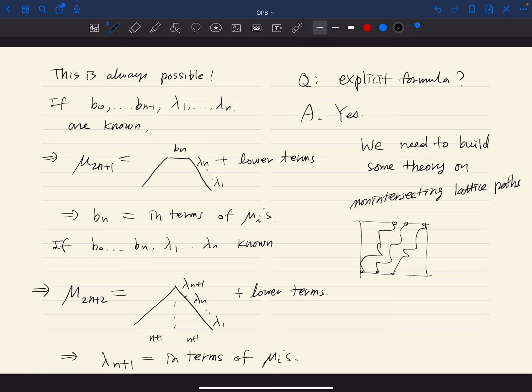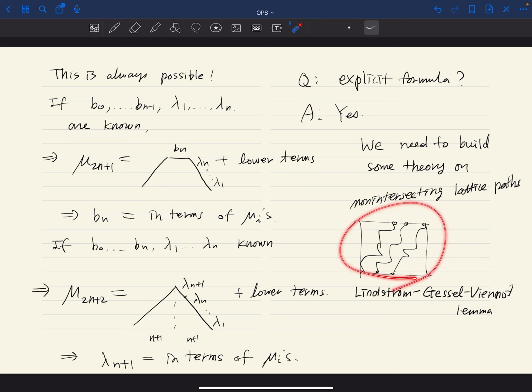And there's a famous lemma called the Lindström-Gessel-Viennot lemma. This tells us some kind of determinant equals the generating function for all non-intersecting lattice paths. This is a very useful and elegant lemma.